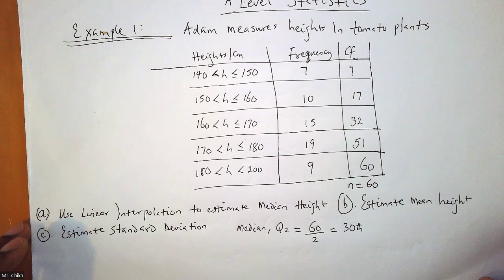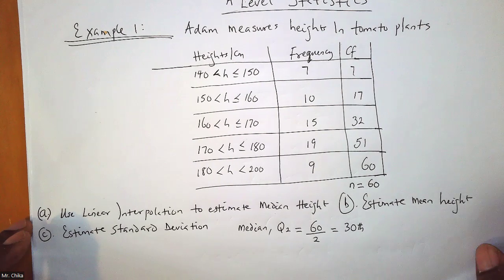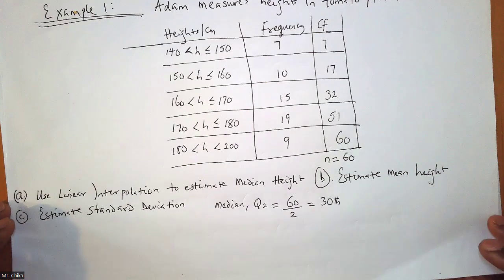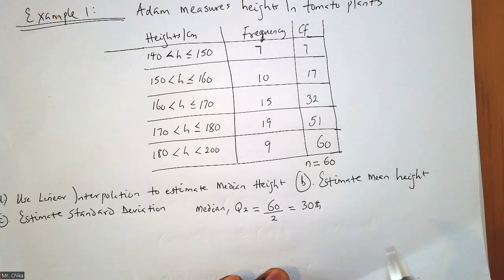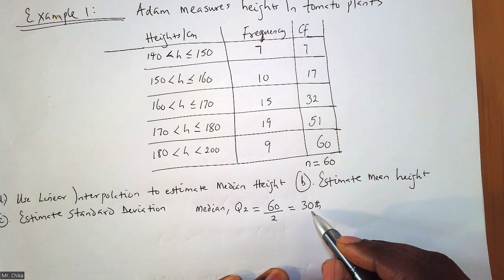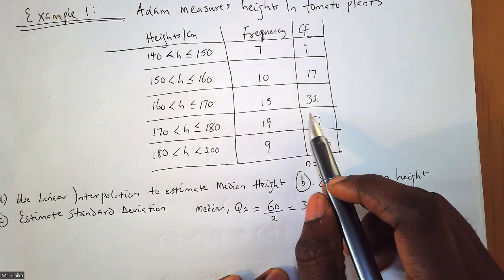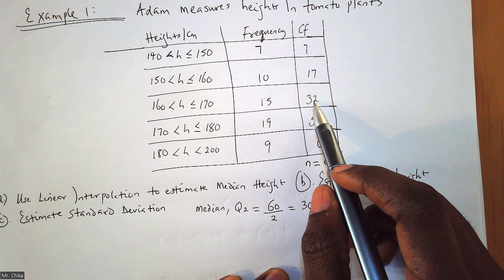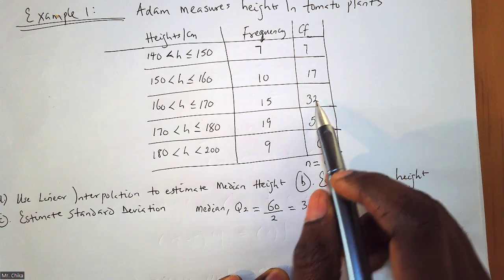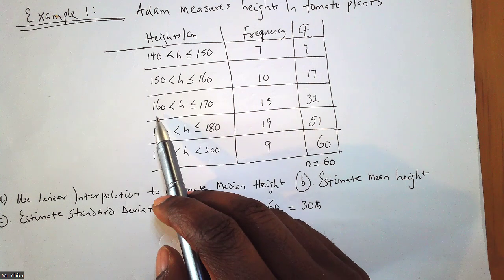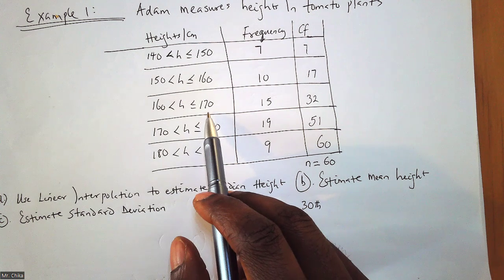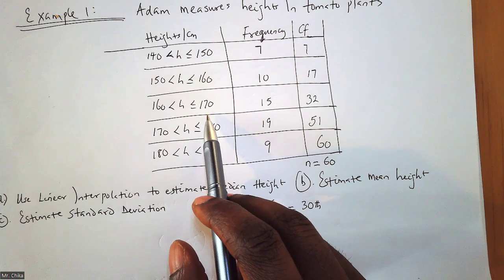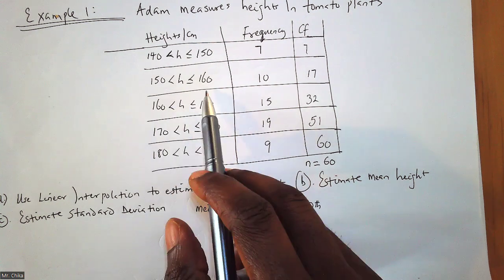So now to get the final answer, we have to compare. It means our median height appears roundabout here. But if you look at the boundary, it goes from 160 less than h and less than or equal to 170. So there's 160 here, there's 160 here.